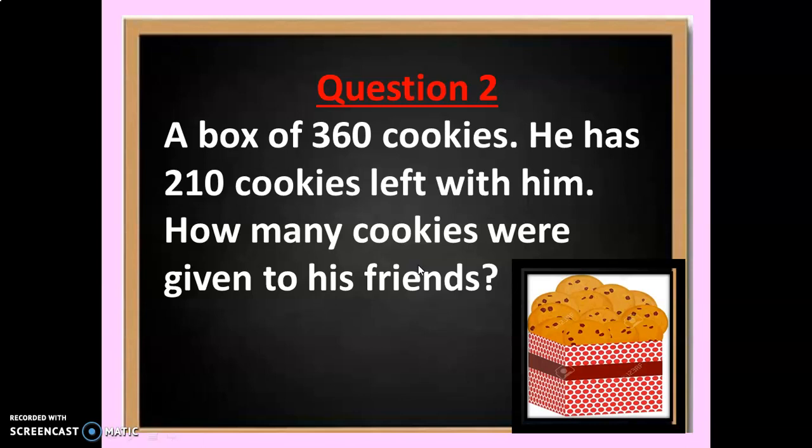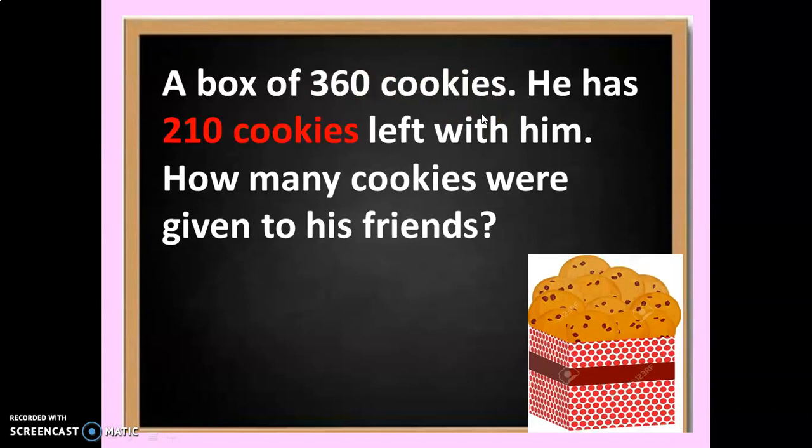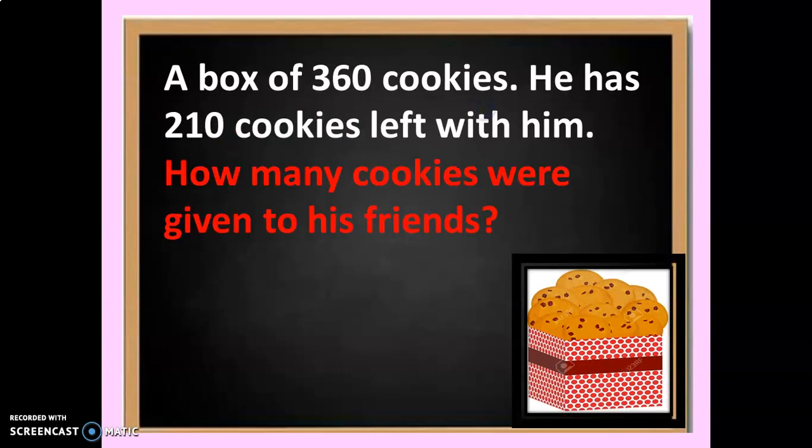First, we find out what information it gives us. 360 cookies, 210 cookies. These are the important words which we have to mark. How many cookies were given to his friends? So what do we have to find? We have to find how many cookies were given to his friends.